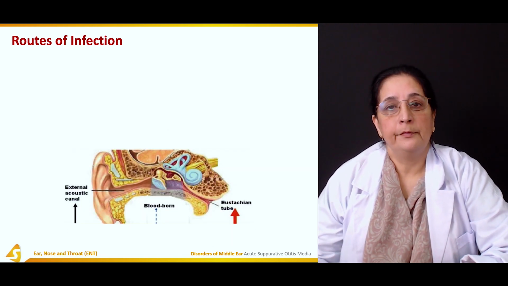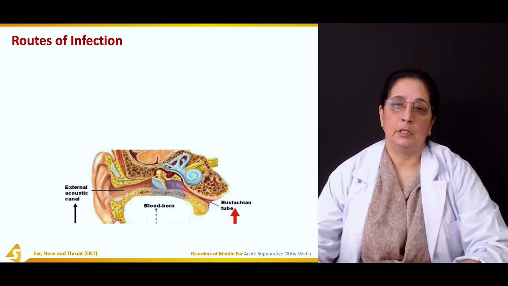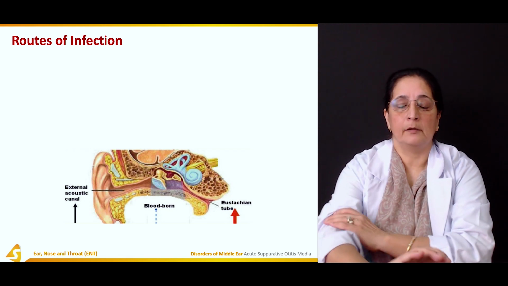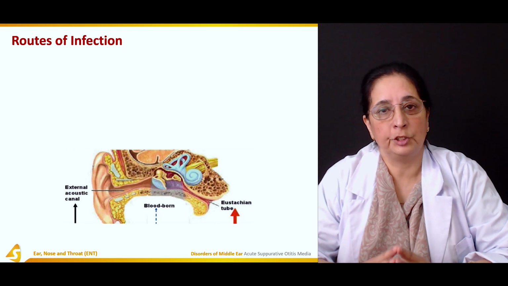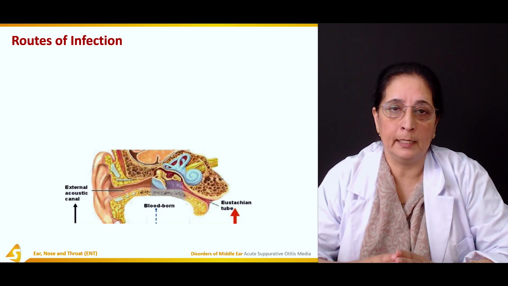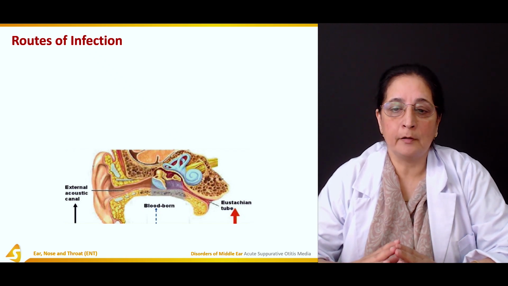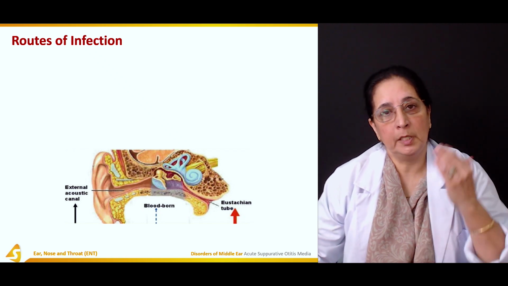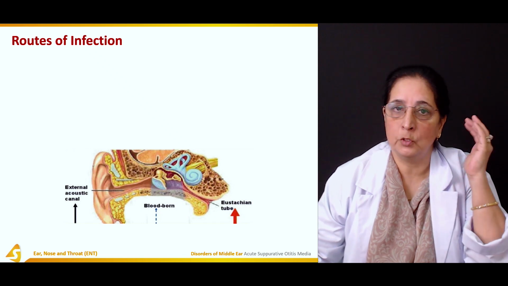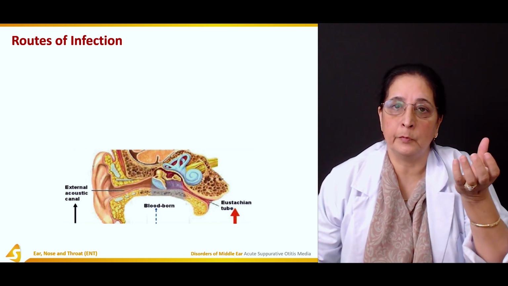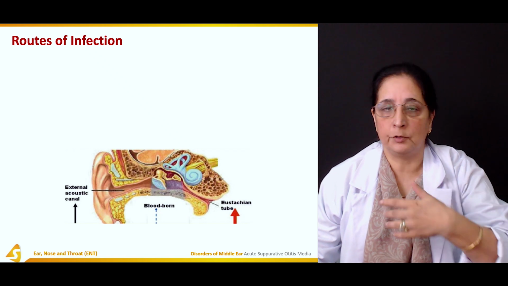Now, what are the different routes through which the infection reaches the middle ear? Mainly there are three routes. One is through the external ear. It's exposed to the environment, to injuries and traumas.